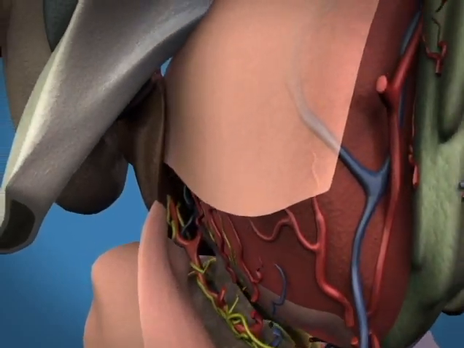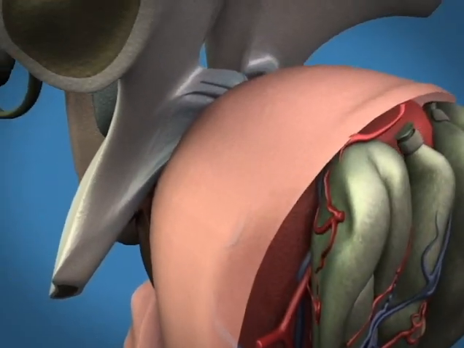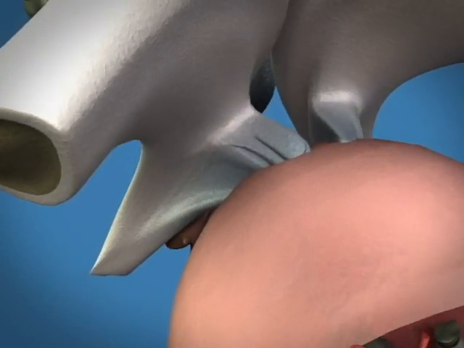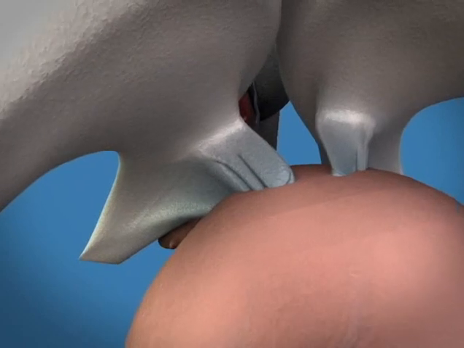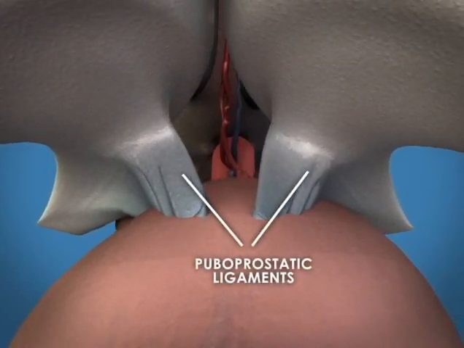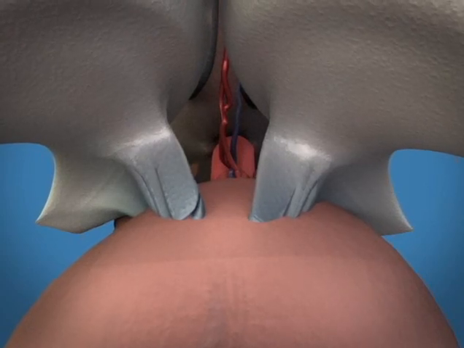Another key step in the surgery is the development of the apical notch and transection of the urethra. At this point in the surgery, the prostate is attached only at the apex. The prostate is pulled back so that the puboprostatic ligaments are exposed and can be cut close to the prostate.